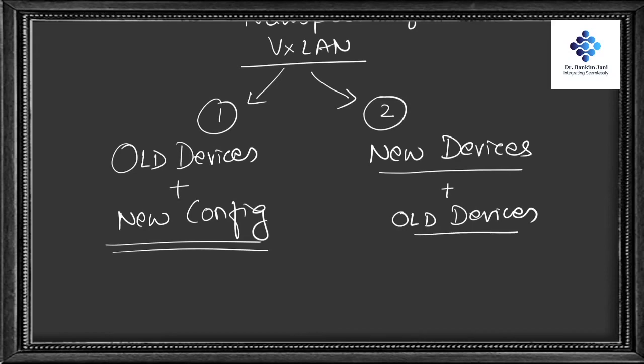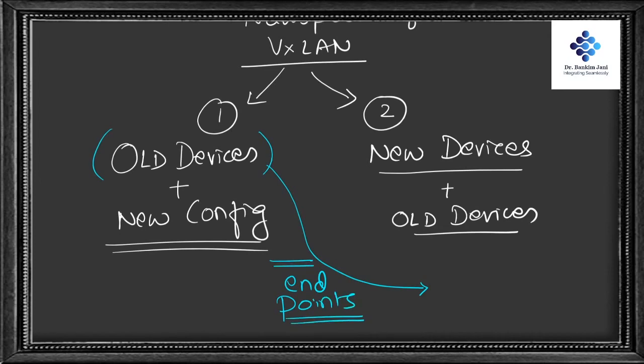So the idea is that all these old devices are just helping. We are doing it in such a way that migration of all those endpoints to the new SDA is possible.